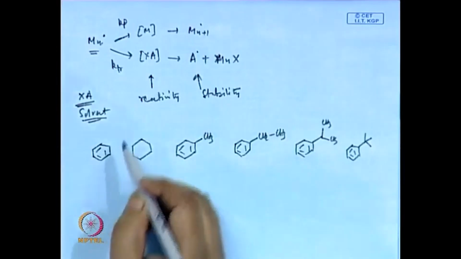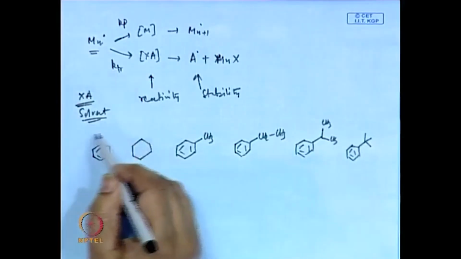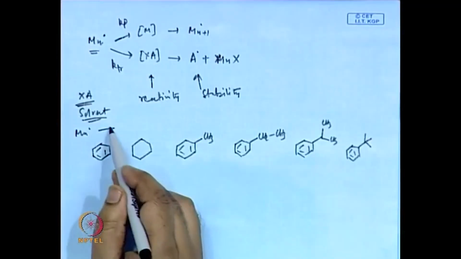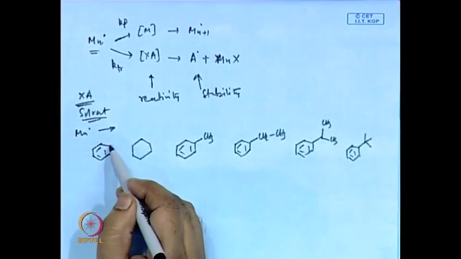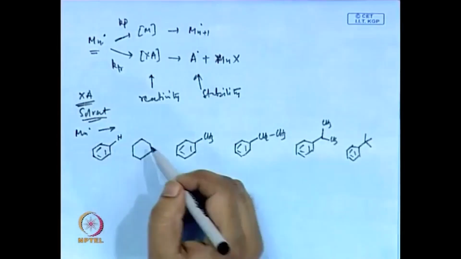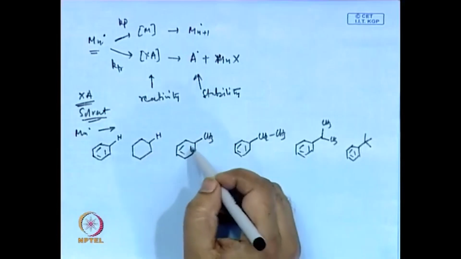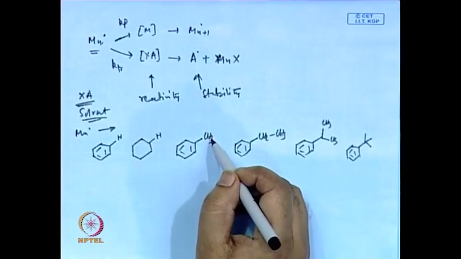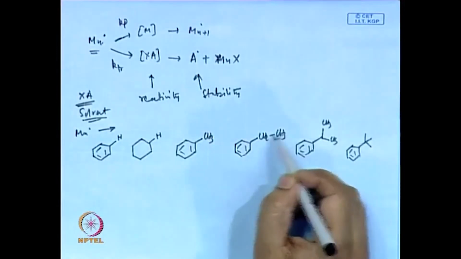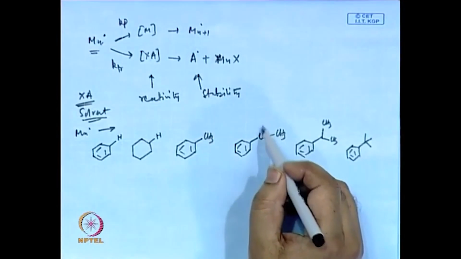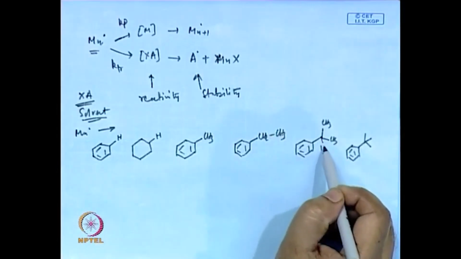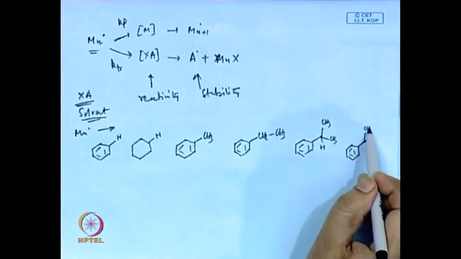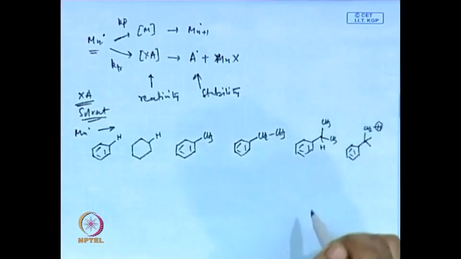Now, if it has to react with M_n dot and undergo a transfer reaction, obviously this is the hydrogen it will abstract. In this case, this hydrogen is more easily abstractable, and in this case it is this hydrogen that is abstractable, and in this case there is no hydrogen here. So, this hydrogen is more abstractable.